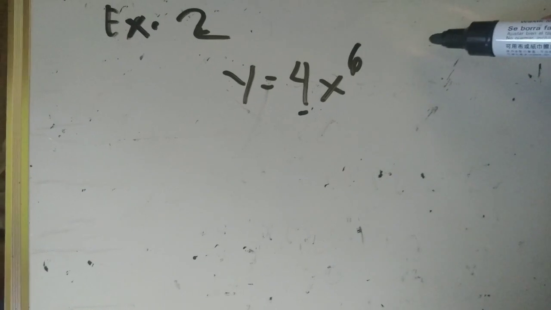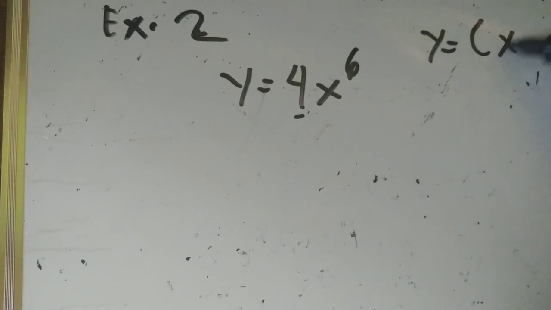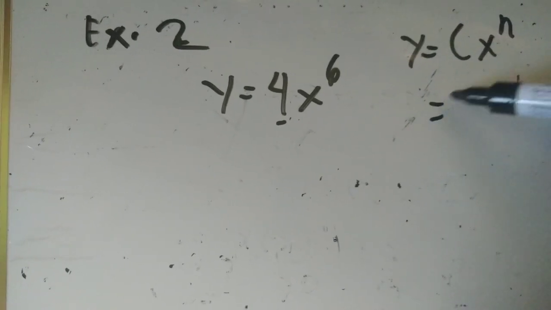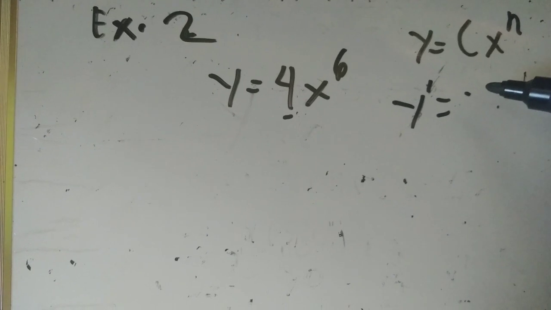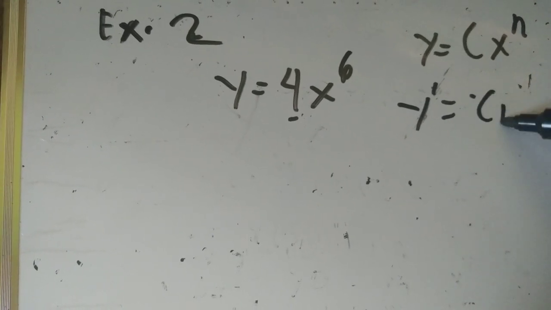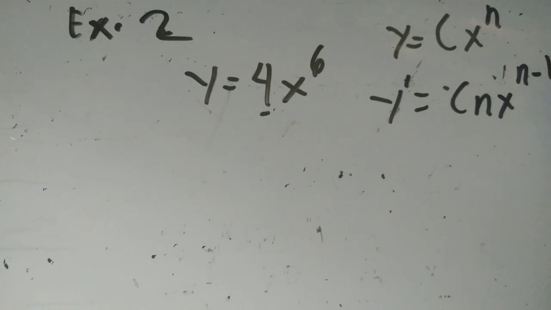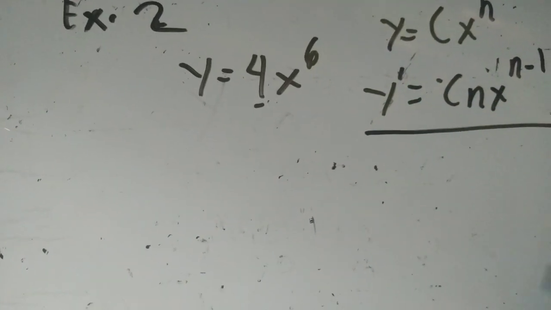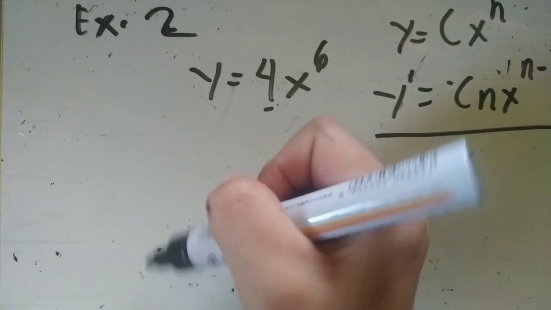So the derivative of y equals constant times x raised to n would be y prime equals c n times x raised to n minus 1. So we will follow this. So the given constant here is 4.